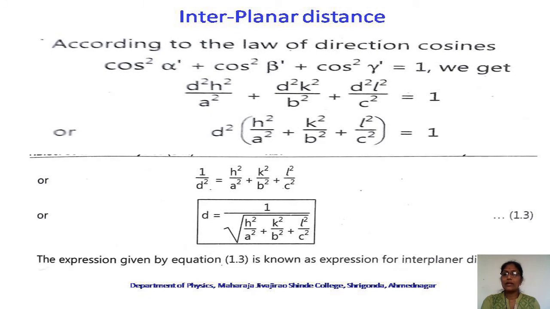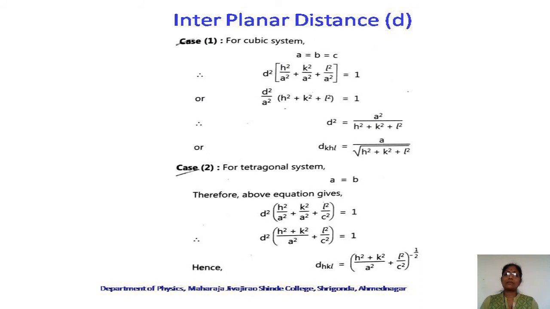Now if you want to calculate the d value for a specific unit cell, that is cubic or tetragonal, then you have to substitute the values of a, b, c. In case of cubic system, a is equal to b is equal to c is equal to a. Therefore, by substituting these values, d square into bracket h square upon a square plus k square upon a square plus l square upon a square is equal to 1.